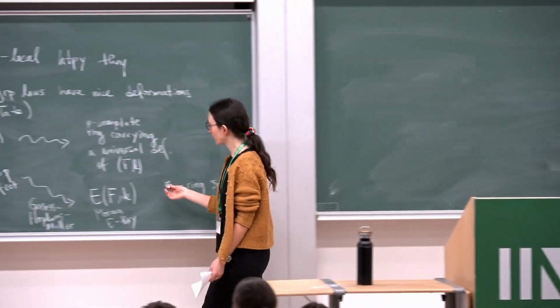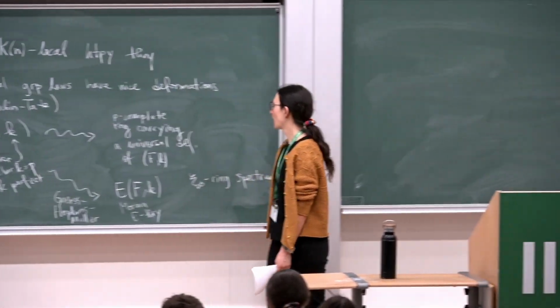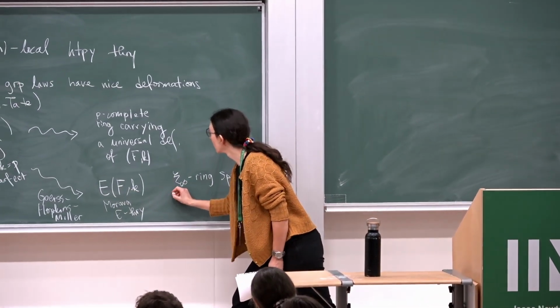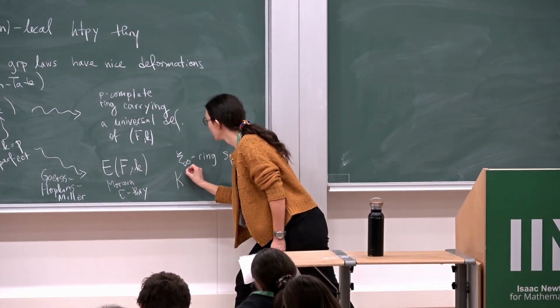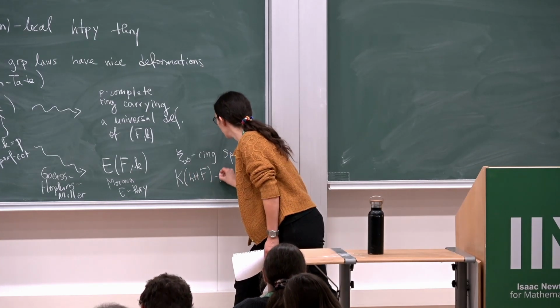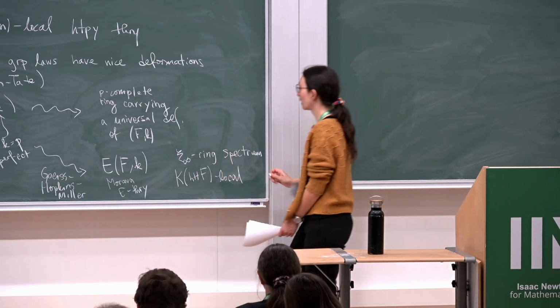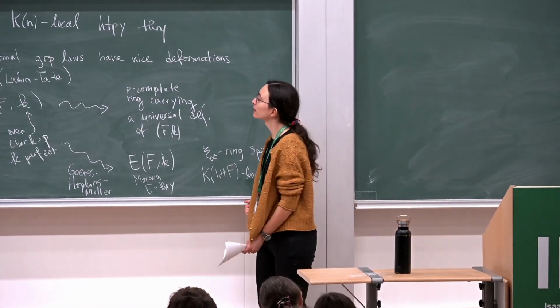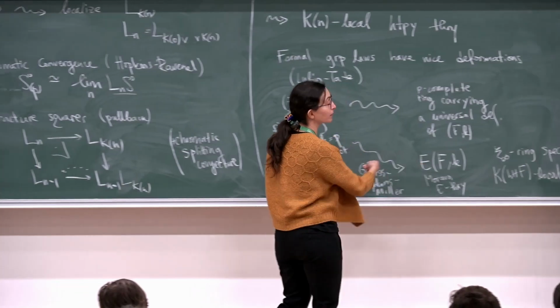This assignment has a couple of great properties. One is that this ring is in fact K of the height of F local.